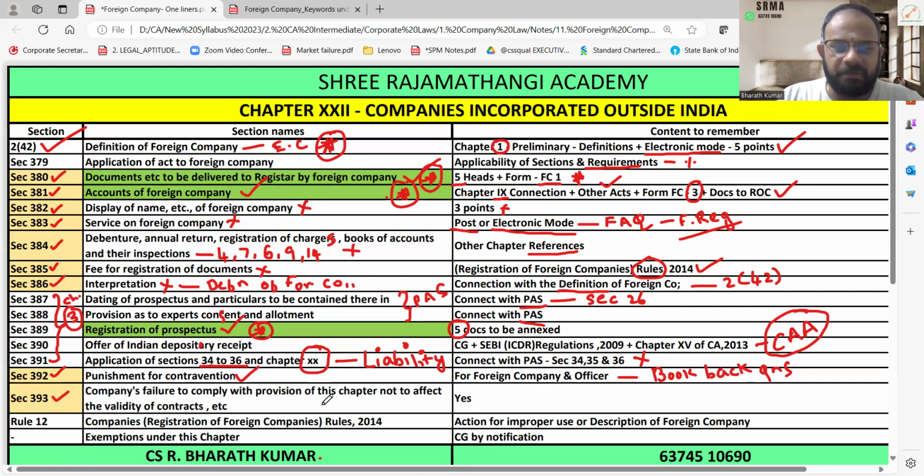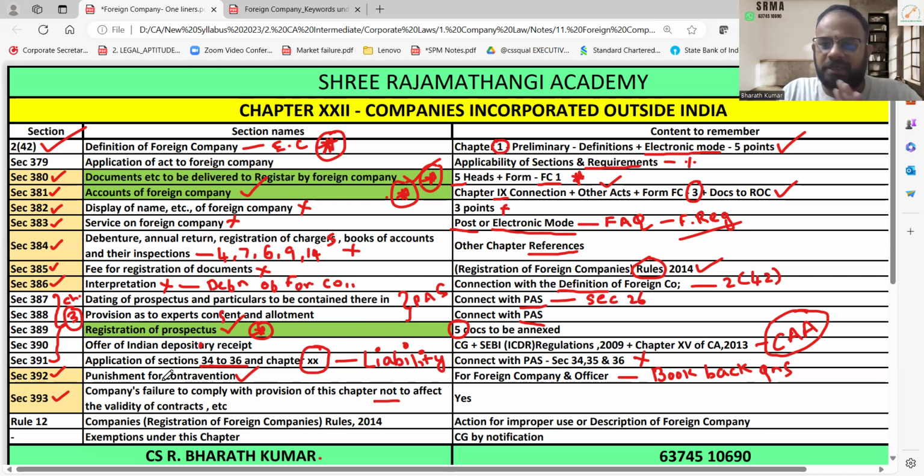Company's failure to comply with the provisions not to affect the validity of contract. Some provisions they have not complied. Does that mean that the contract itself is not valid? You cannot say it is void. It is still valid. You will still continue with that particular provision. Since you have not complied with the provisions of the chapter, it will not stop the contract.